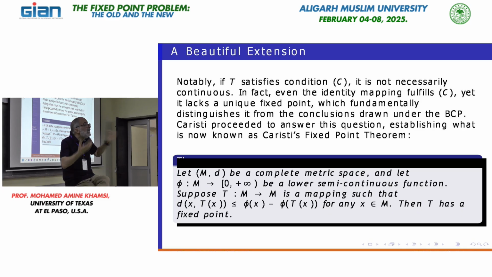There is no way you are going to be able, from this condition, to tell me that if x is close to y, Tx is close to Ty. No way. Anything that connects x and Tx may be a tool to use. This category of mappings, we call them inward mappings. Inward mappings are mappings that connect x with Tx.